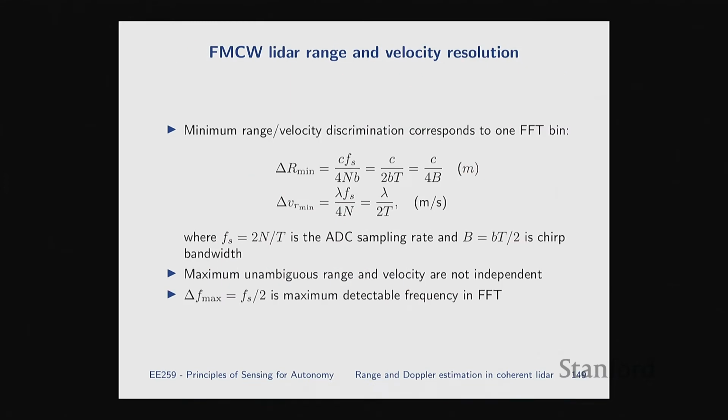Okay, very quickly, you can also find the minimum range and velocity discrimination, or range and velocity resolution, if you will. And as we know, exactly like the case of radar, when your frequency estimation algorithm is an FFT, the minimum frequency difference that you can discriminate is one FFT bin, right?